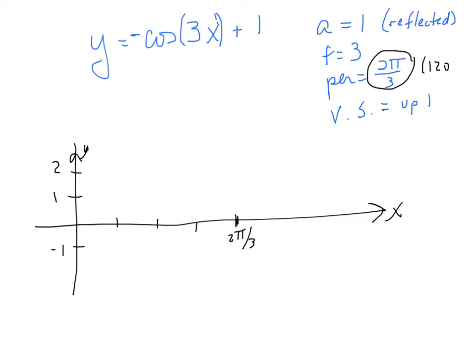Now let's think about this. If it takes normally 360 degrees for a full graph, and I need to fit 3 of them in, if you divide 360 by 3, you get your 120. So that's that. The 2 pi over 3 is the radian measure for 120.